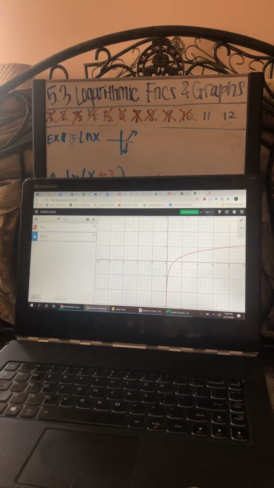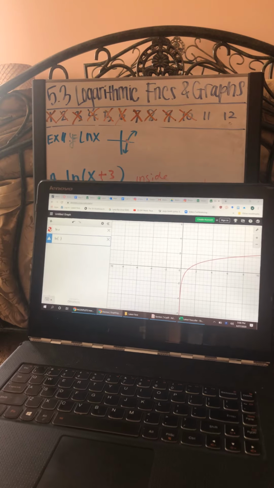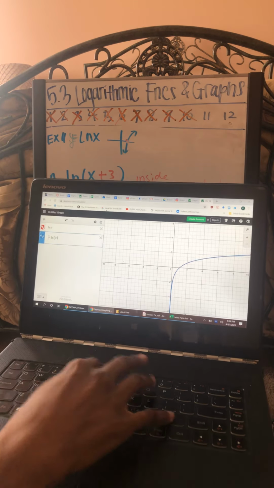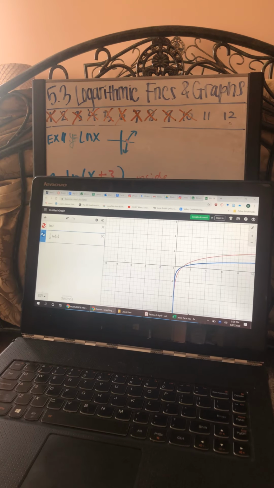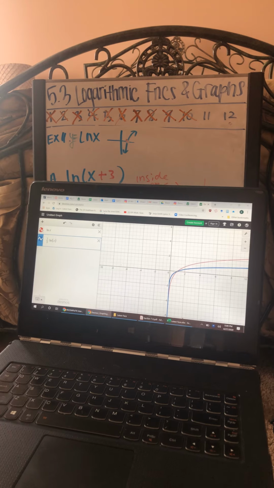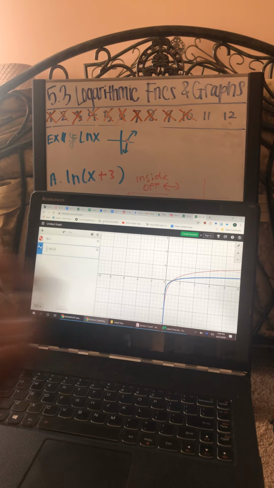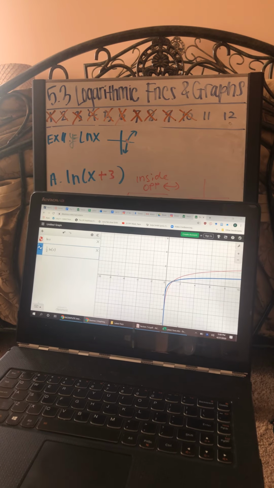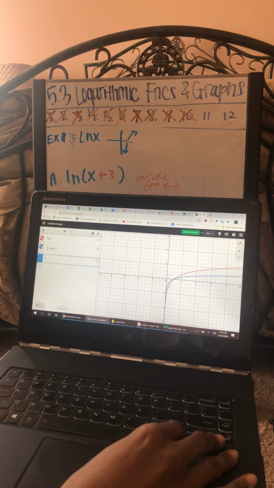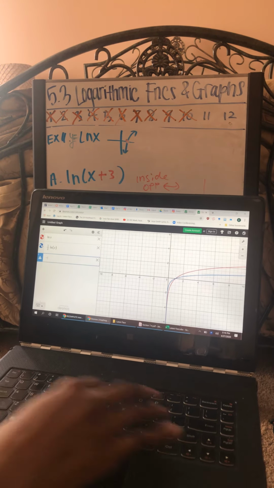So the red one is just ln x. And now I'm going to do ln x and do 1/2. So you see the blue one is the 1/2. So that's a vertical shrink. So it just came downward to the blue one, okay? Now from the blue one, I'm going to take that equation and then tack on a negative.